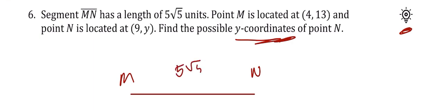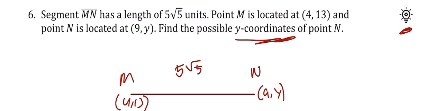We know that the length of this segment is 5 root 5. And we know point M has coordinates (4, 13). We know N has coordinates (9, y). Now they're asking us about the coordinate, but we know the distance.